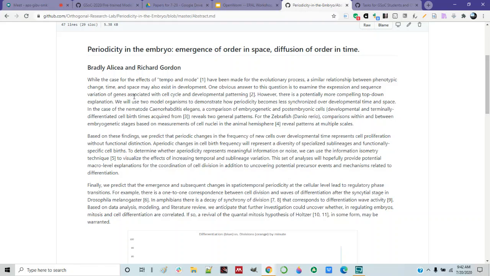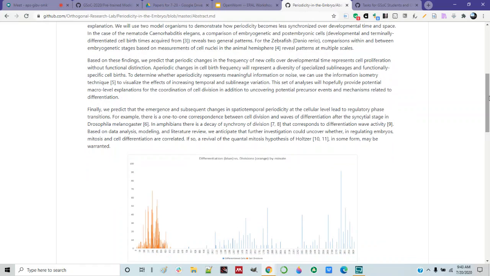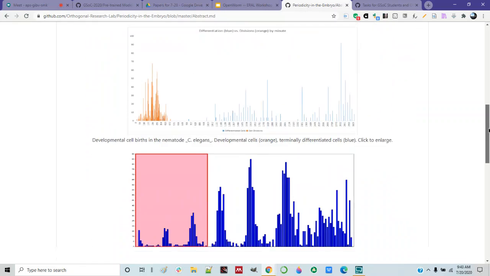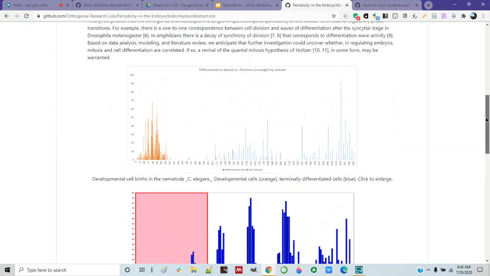This is the idea of tempo and mode, which they've used in the context of evolutionary biology. But what we're also looking for is to look at that question in the context of development. So there's a mix of computation, data science, and biological interpretation here.